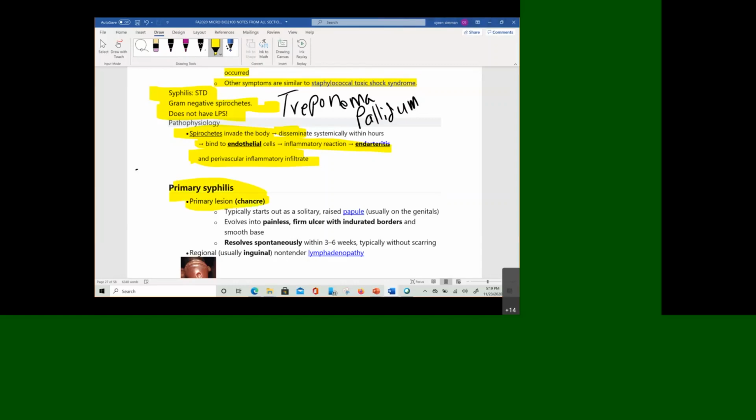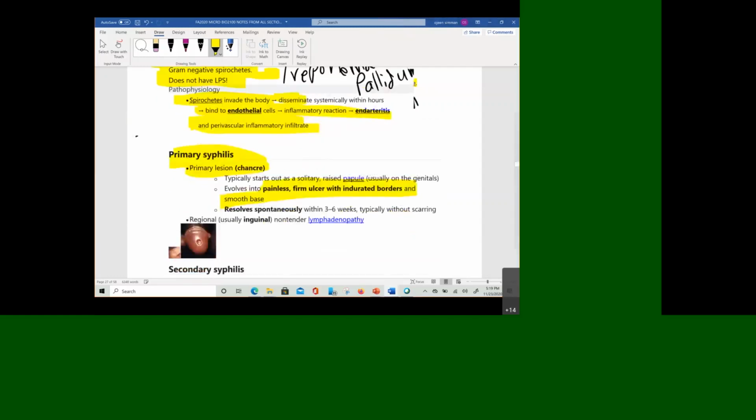This is a painless raised ulcer that has indurated borders and a smooth base. Here, right here, indurated ulcer and a smooth base.